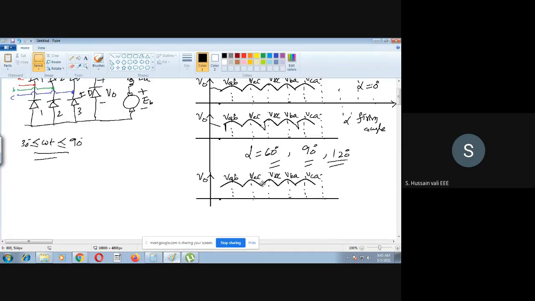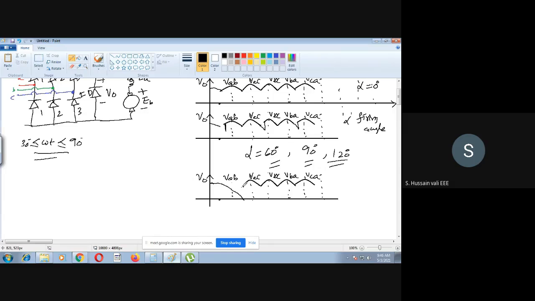See here. What do you find out here? When alpha is equal to 60 degrees, then the delay will be 60 degrees exactly. So when the delay is 60 degrees, I will just show you here. A 60-degree delay in the sense this entire 60 degrees will go out, something like this.